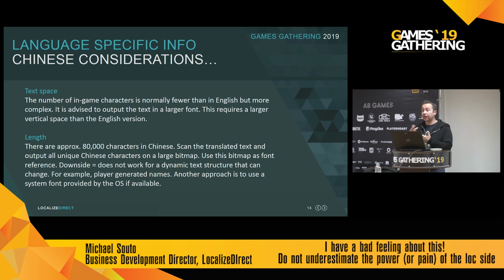But then obviously if you have dynamic stuff, like in-game chat, then you need to have all of those characters as well to allow people to create their player names or whatever. So if you've got that stuff, then ideally if the OS will support that, then great. But if not, then maybe it's a good idea not to allow people to enter their own text and keep it to just your text.